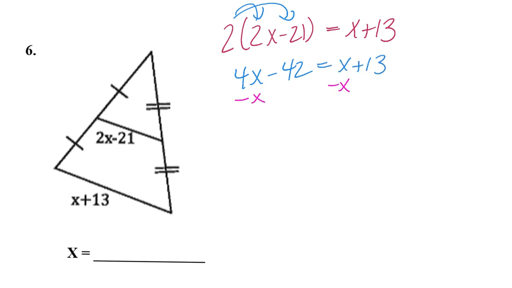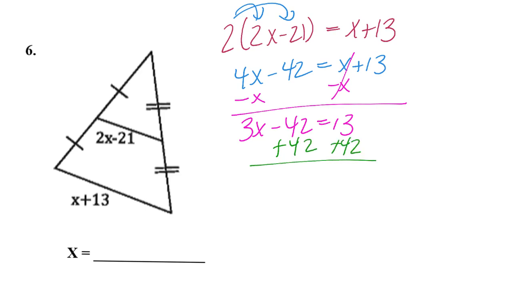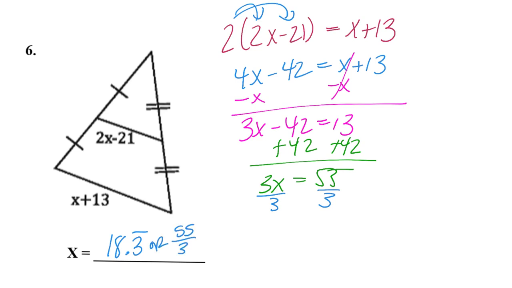Minus the x on both sides. 3x minus 42 equals 13. Add the 42 to both sides. 3x equals 55. And divide by 3, and this one does not come out to be a nice number. It's 18.3 repeating, or you can just leave it as 55 over 3. Sorry, that one's not as nice as the other ones, but it is what it is.